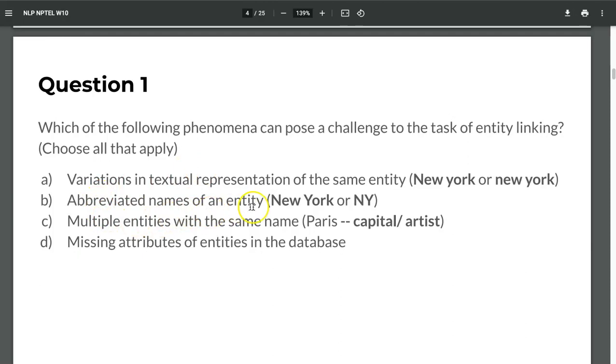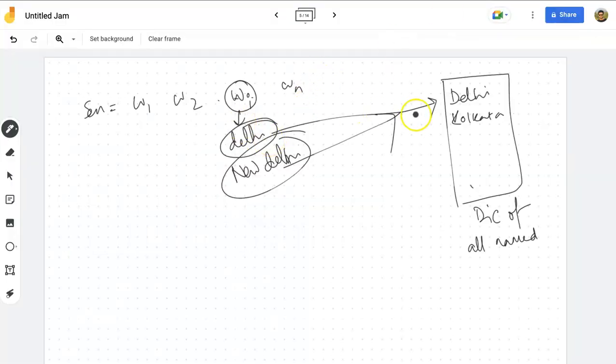Similarly, suppose someone is using some kind of abbreviation. Without writing Delhi, someone is using the railway abbreviation of New Delhi, I guess NDL, something like that.